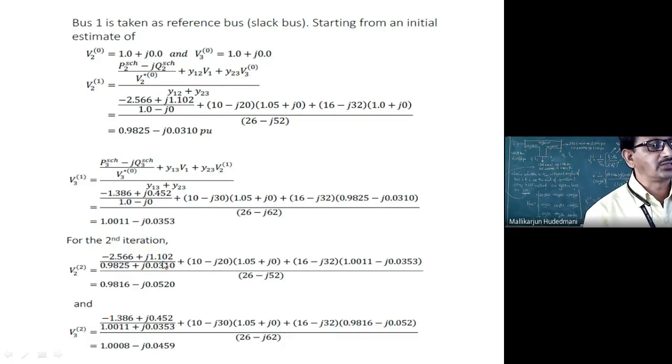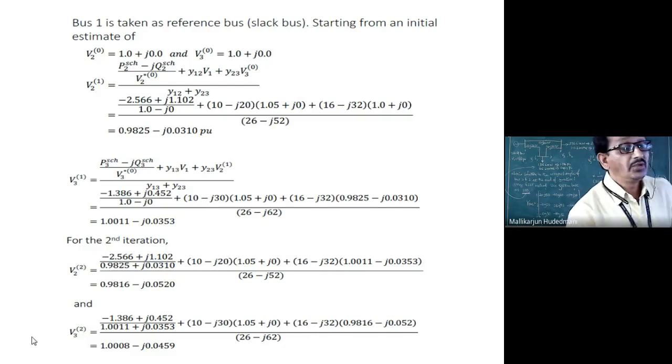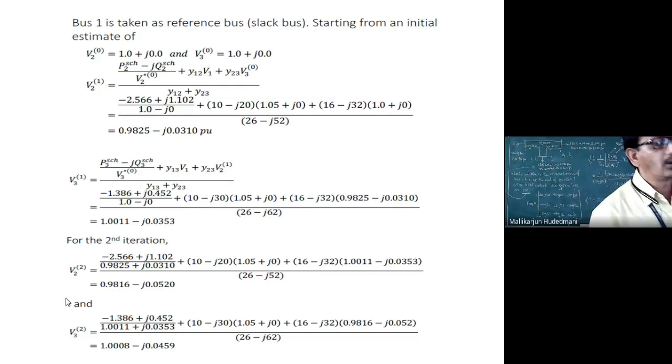It has not changed. The denominator, V2 0 conjugate, was the initial value, now it is no more initial. You have V2 already obtained in iteration number 1, which was 0.9825, positioned in P2 minus jQ2 divided by V2 1 conjugate, not V2 0 conjugate.